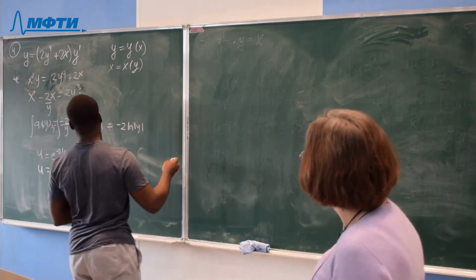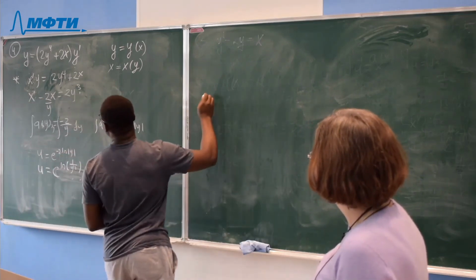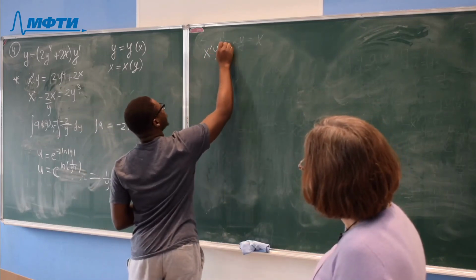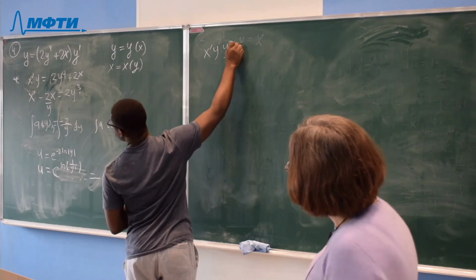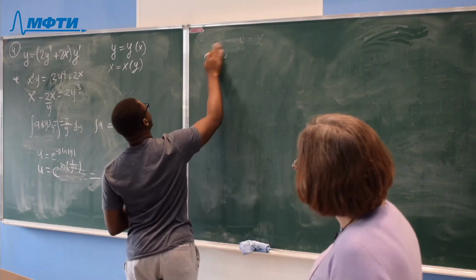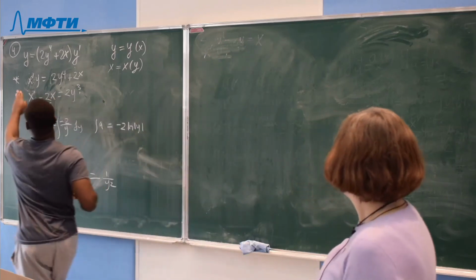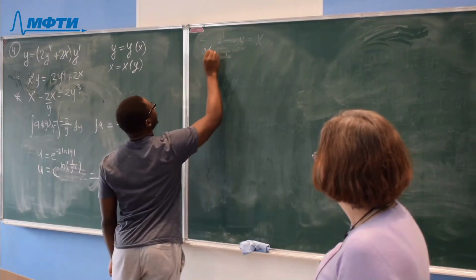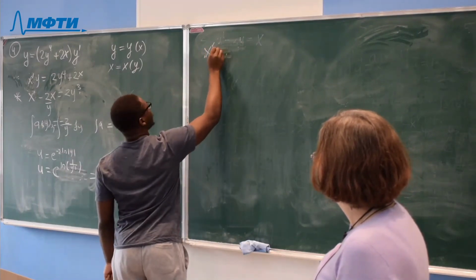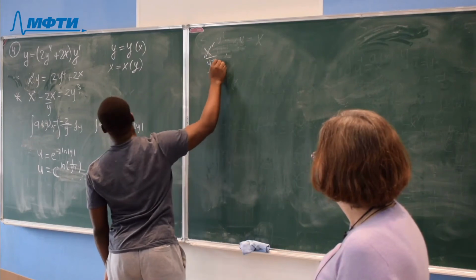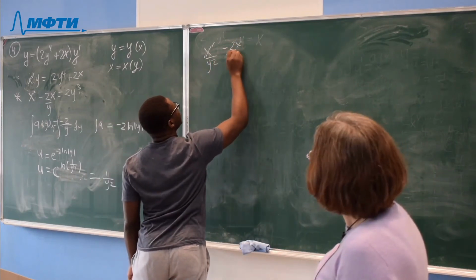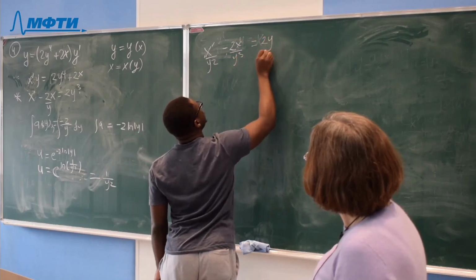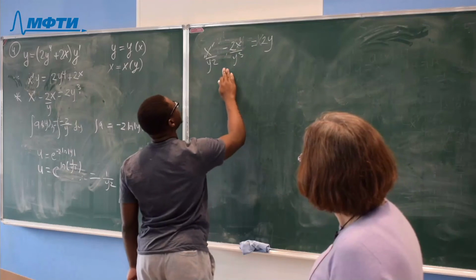Then multiply. 1 over y squared, right? So let's separate them.